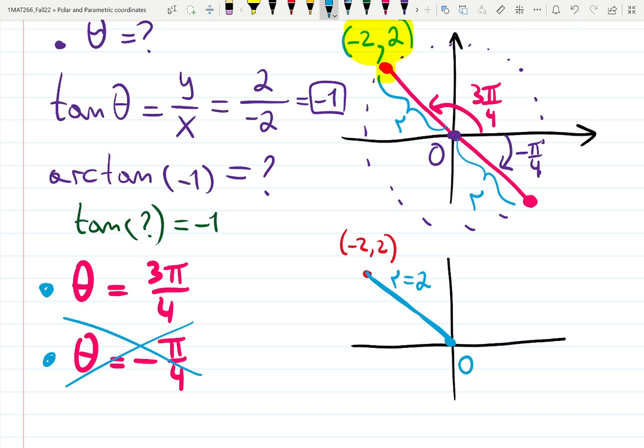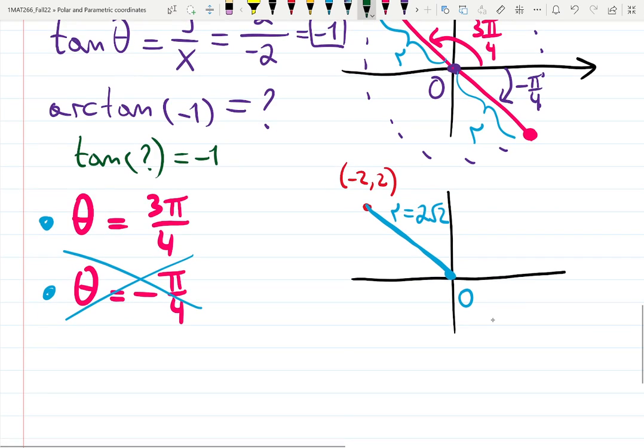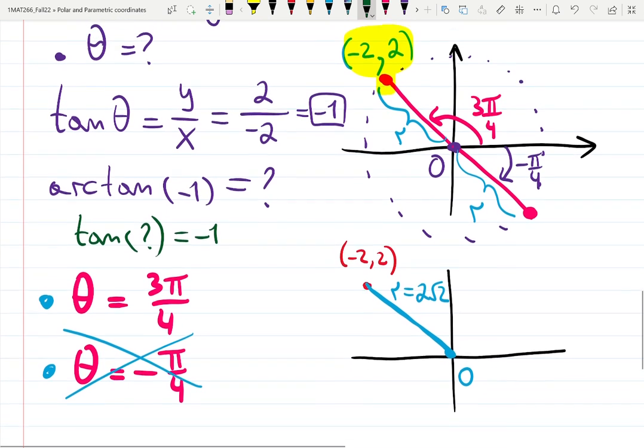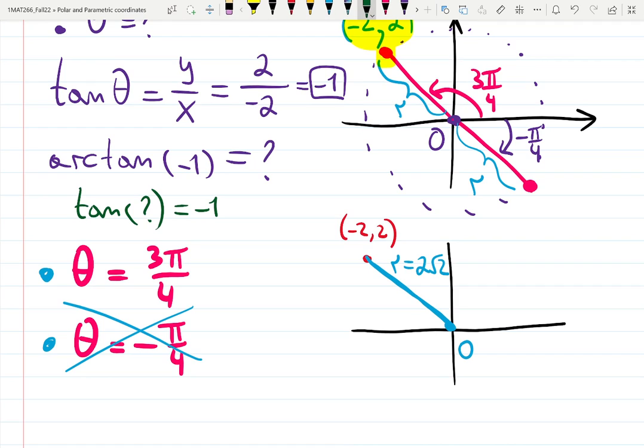R was 2 square root of 2. Then we wanted to figure out the angle. Tangent of this angle was minus 1, which gave me 2 angles. But the one we choose, based on the information we have, is this one. Theta is 3 pi over 4.